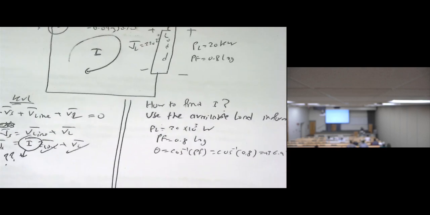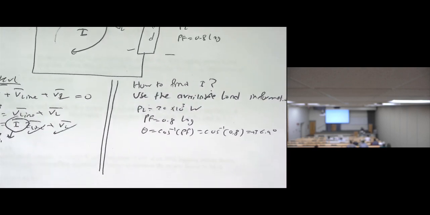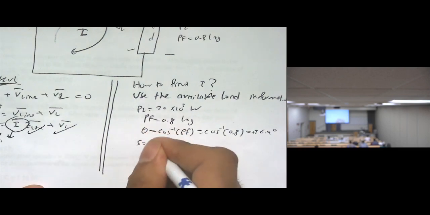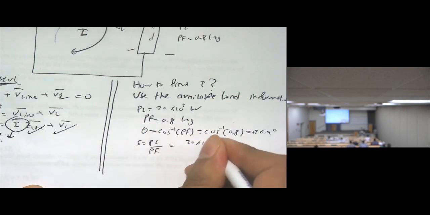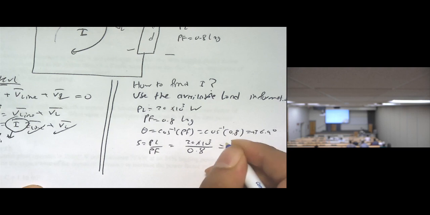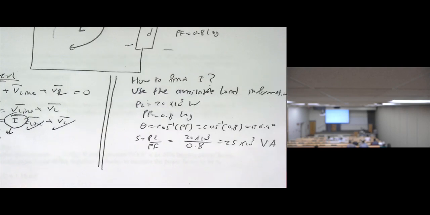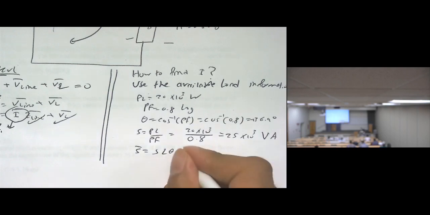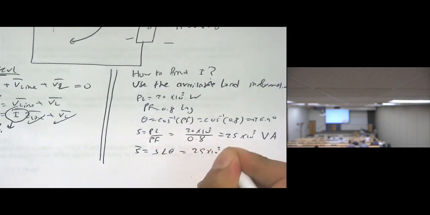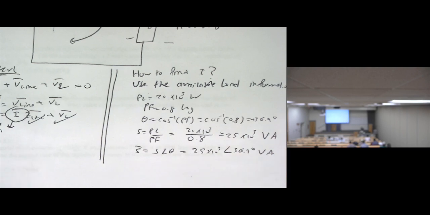I know P, I know theta, so S is equal to P load over power factor: 20 times 10 power 3 over 0.8, which is 25 times 10 power 3 volt ampere. Then S bar is S angle theta, so it's 25 times 10 power 3 angle 36.9 degrees volt ampere. So how can I find I?